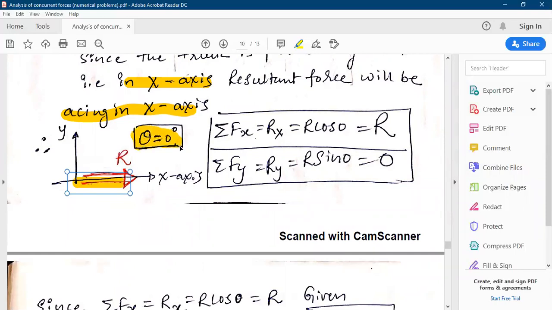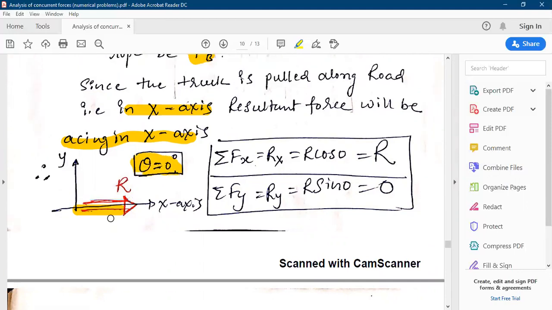As we have seen in the three cases, if the resultant itself is acting along the x-axis, sigma Fx will become R. So the x component of the resultant force, Rx, is equal to R cos theta. Here theta is 0, so cos 0 is 1, and 1 multiplied by R is R. So sigma Fx is nothing but Rx, so Rx will be equal to R. Similarly, we have to resolve the force along the y direction.